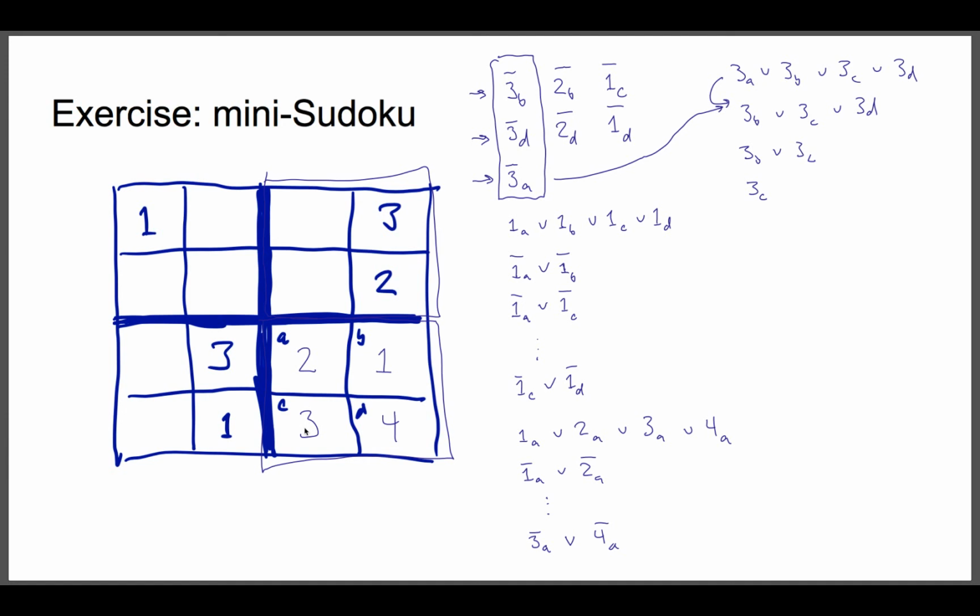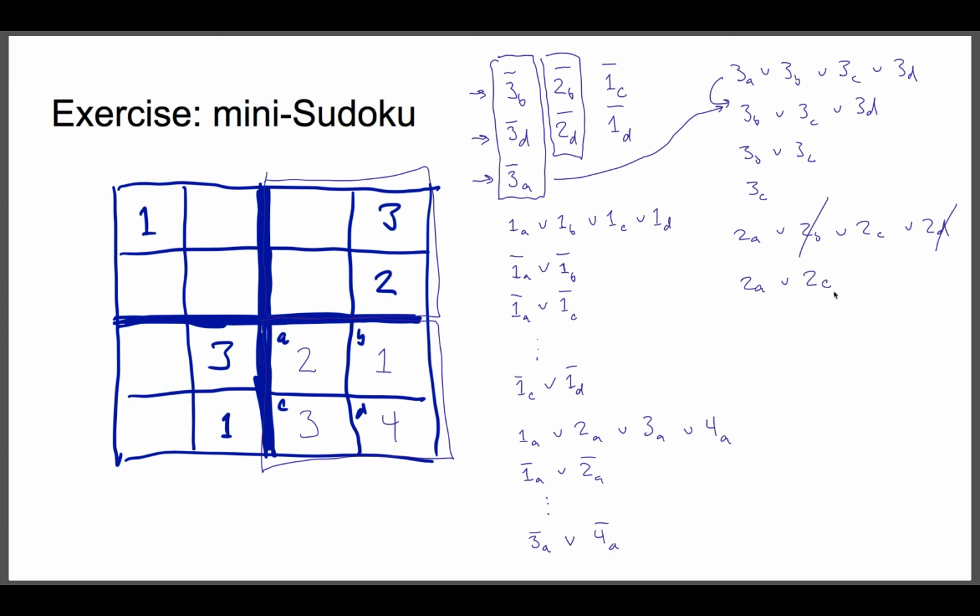Now similarly for 2, we know that 2 has to be somewhere, so that's 2A or 2B or 2C or 2D. And we have these guys right here that show us that it's not in B or D, so by resolution we can conclude 2A or 2C.